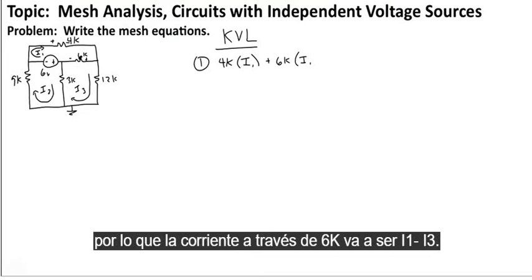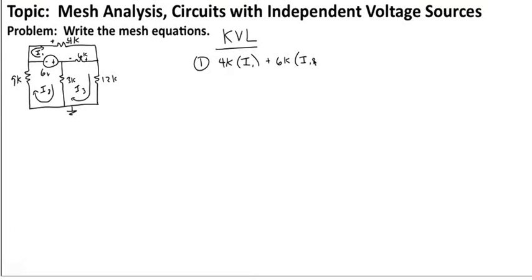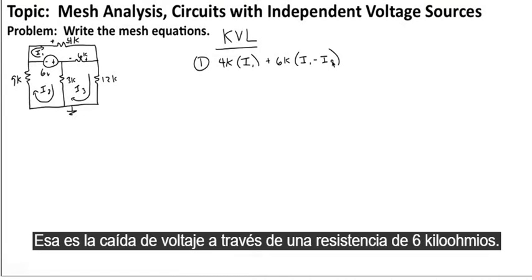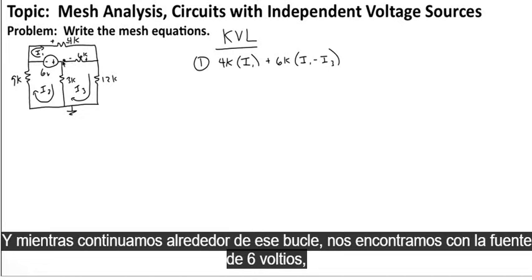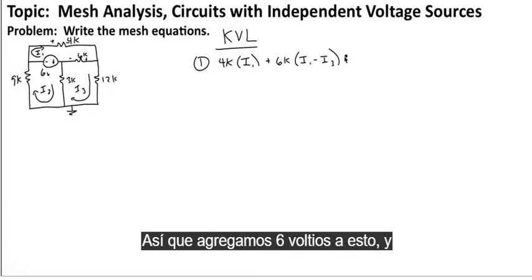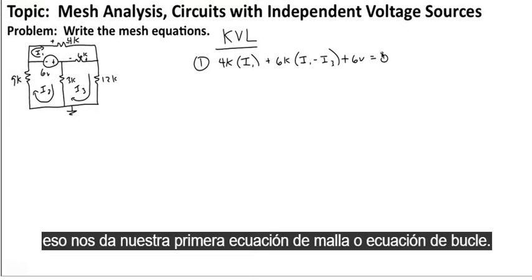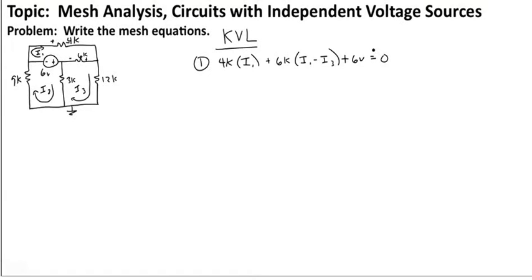So the current through 6K is going to be I1 minus I3. That's the voltage drop across the 6 kilo ohm resistor. As we continue around that loop, we encounter the 6-volt source, the positive polarity first. So we add 6 volts, and that gives us our first mesh equation or loop equation.